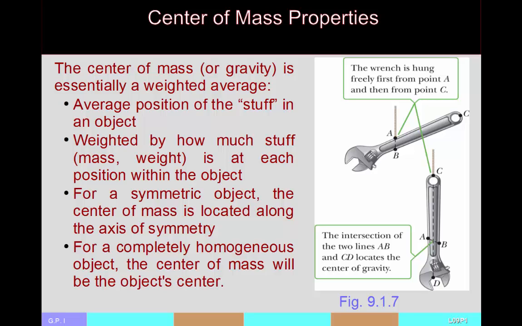If you have 2 point masses, then the center of mass should be right in the exact middle between those 2 point masses. If you have a completely homogeneous object, that means, for example, an object of completely uniform density, and a symmetric object like a ball, for example, or a rod or what have you, then the center of mass would be in that object's exact center.